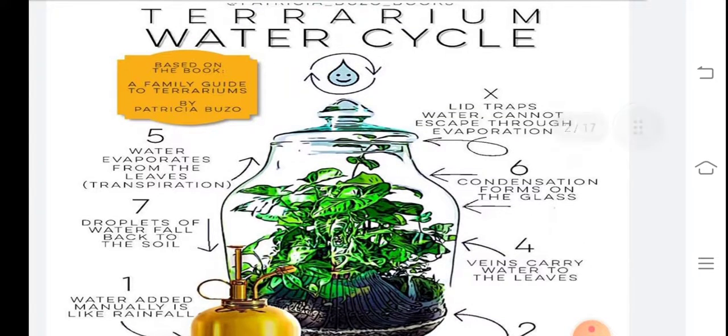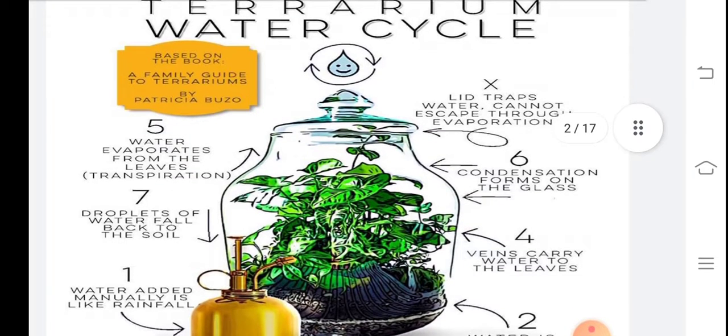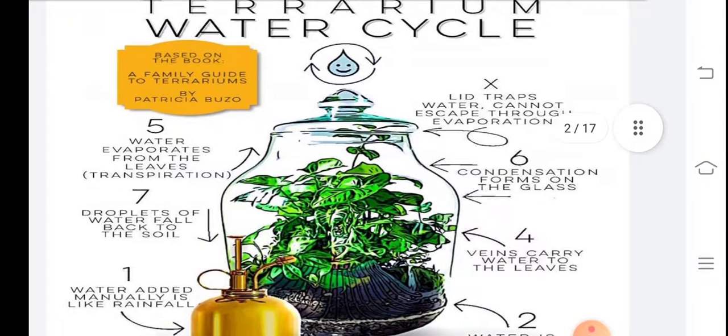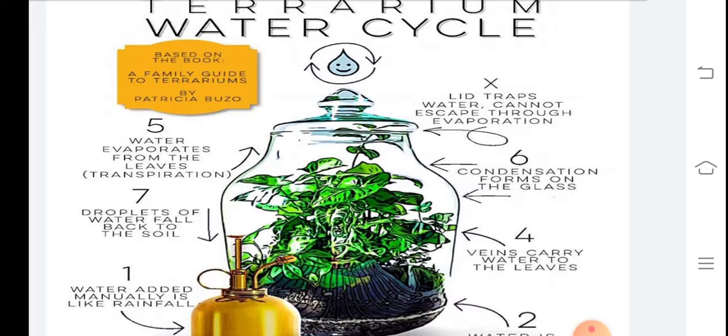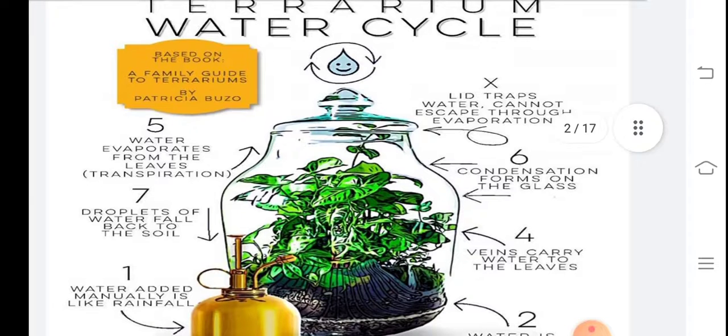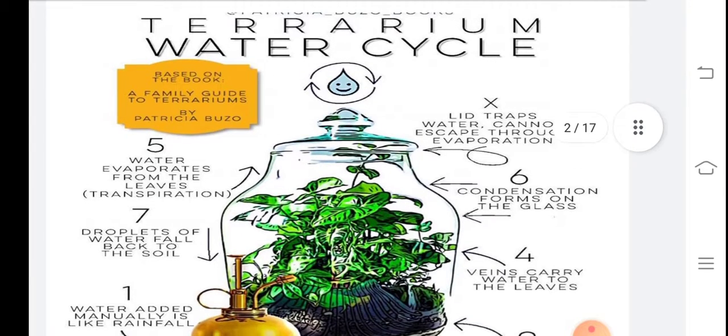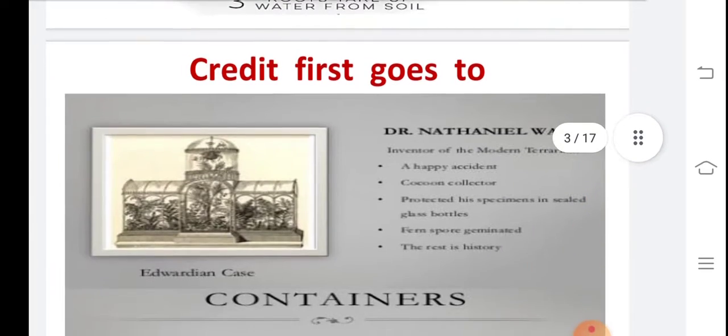After keeping the lid or cover, the transpiration of water cannot escape due to evaporation, so it is stored inside the plant itself. Then condensation of the water also occurs. The main thing is that the water requirement is very little, as per weekly needs.